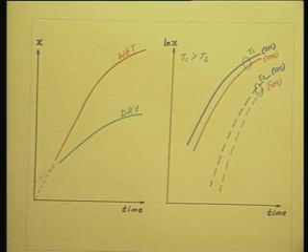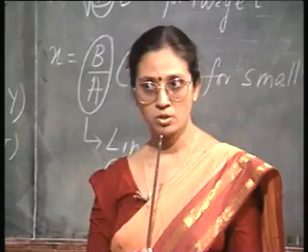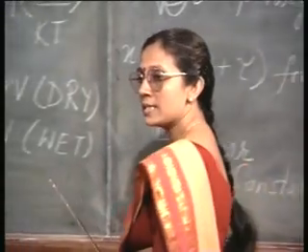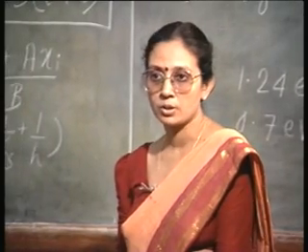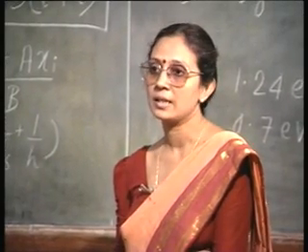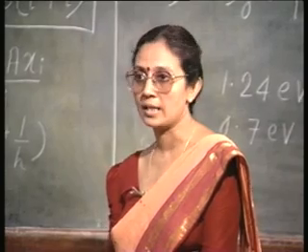So, what happens actually in the initial regime during oxidation? One way to explain this is, of course, you assume that initially the oxide growth rate is much faster than that predicted by Deal and Grove.